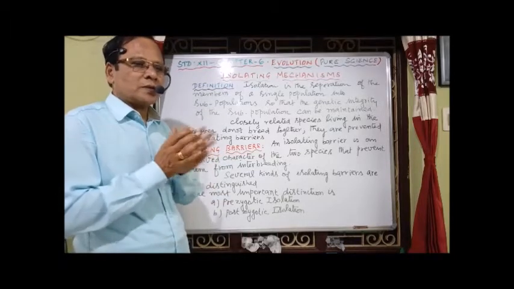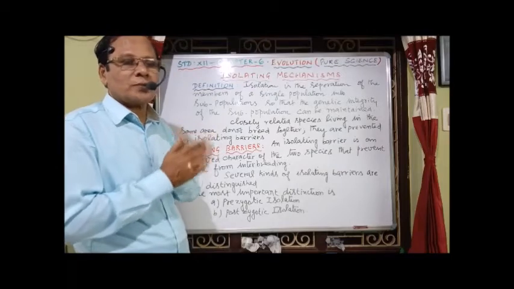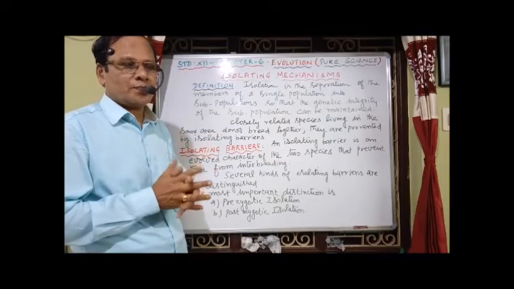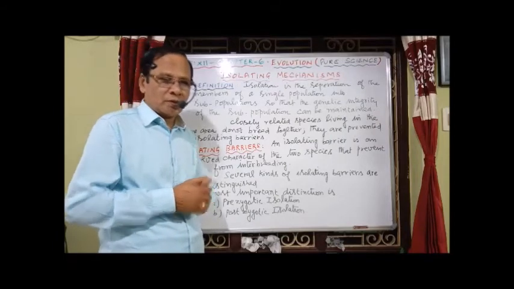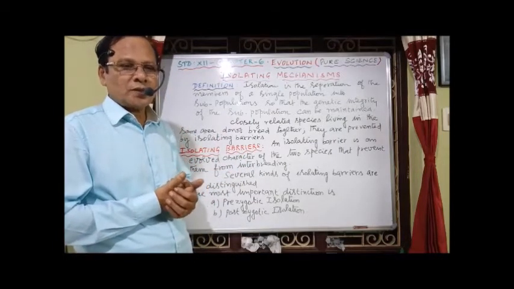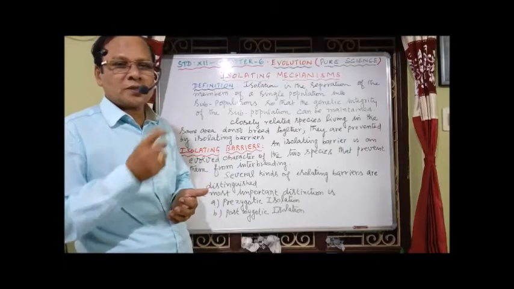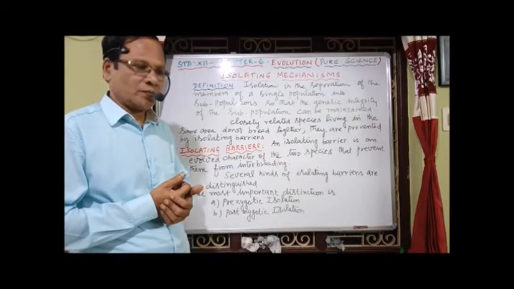Now, the subspecies result because of geographical barriers or reproductive barriers. For example, if you take the crow, there are three different types of crow. There is the Indian crow, another one the Sri Lankan crow, and another one the Myanmar crow.